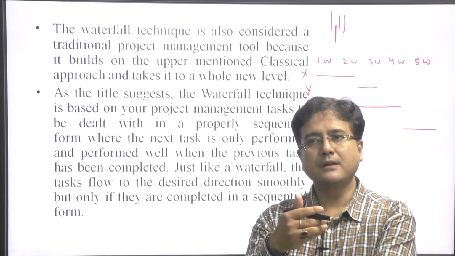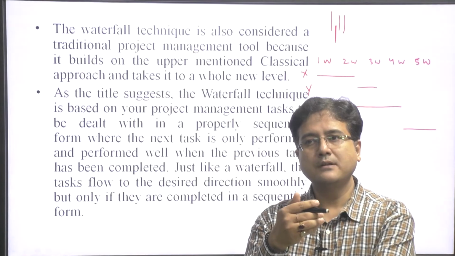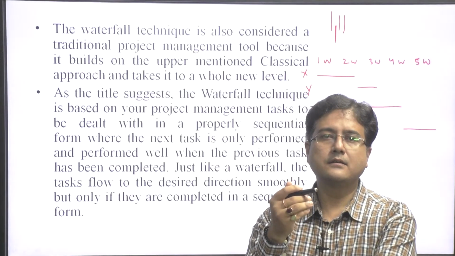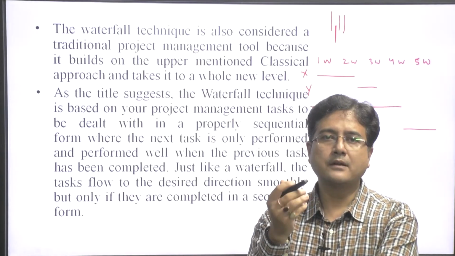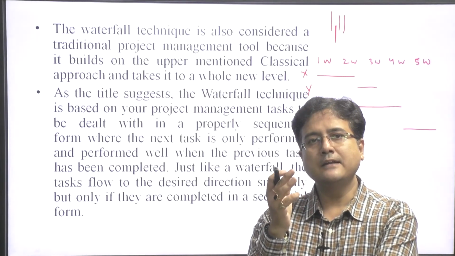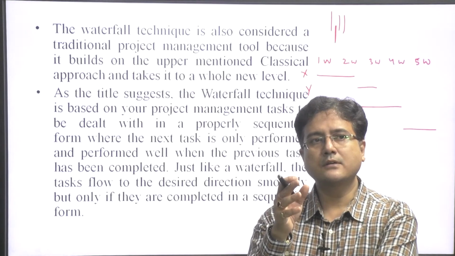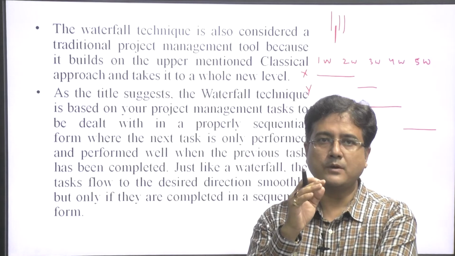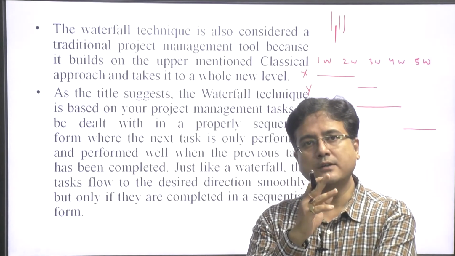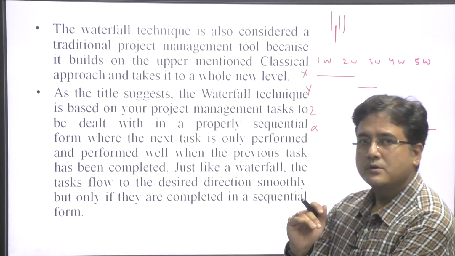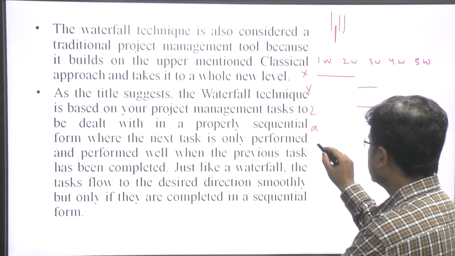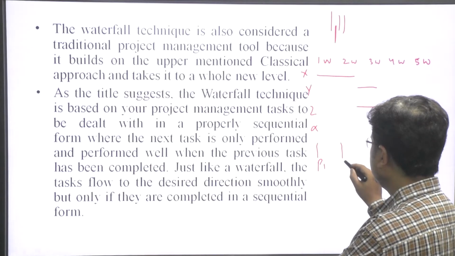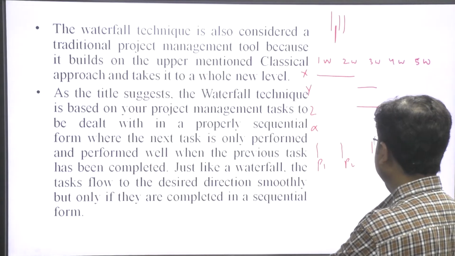Even in a real world example, let us see a pillar or bridge. Until and unless the pillars are constructed, we cannot connect the bridge; we cannot connect two pillars with each other. So, these are the pillars P1, P2, P3.